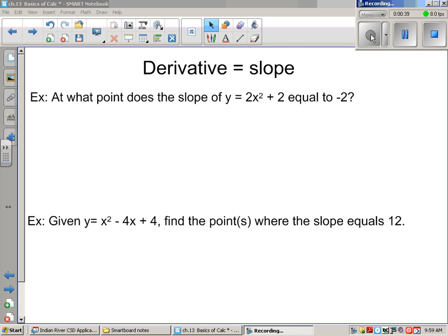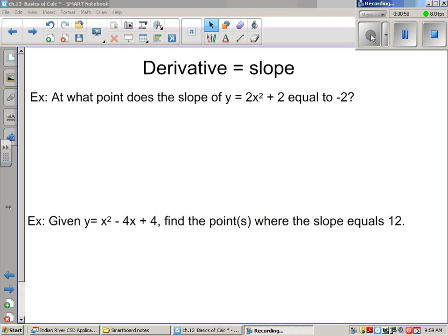The first question reads, at what point does the slope of y equals 2x squared plus 2 equal negative 2? In the past, the way we've asked the question is, I give you the equation and I give you the point and then ask you what the slope is. Now, instead of giving you the point, I'm giving you the slope and working backwards.